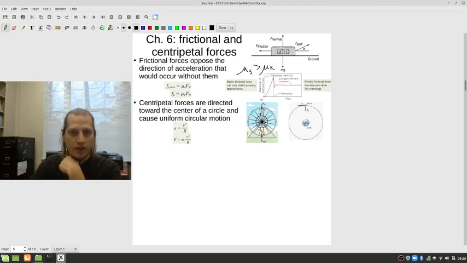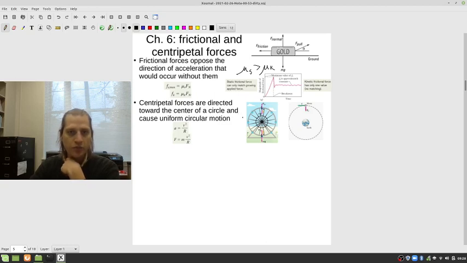The static equation gives you the maximum possible frictional force, so it could be anywhere in this range, depending on how hard you're pulling on the object and it's not moving. And then once it breaks free, you get an approximately constant amount of friction that's just based on how hard the surface is pushing back up on the object.